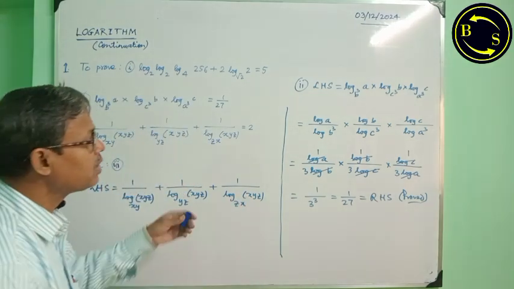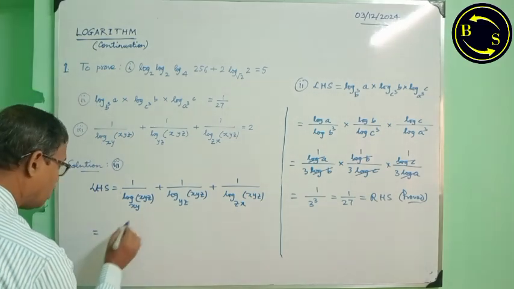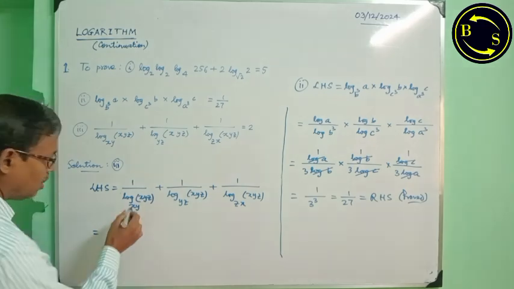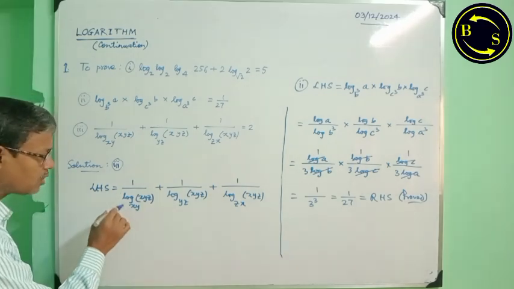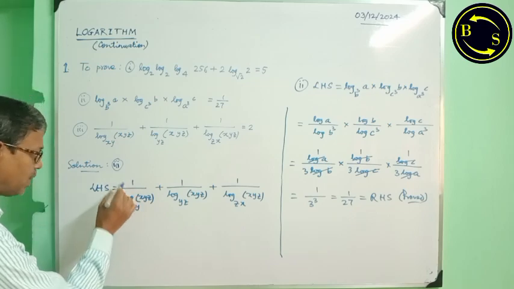Already I have mentioned in the earlier sum, first we change the base like this. It will be log of xyz by log xy. The denominator of the denominator is log of xy. Therefore, log of xy will be taken at the numerator.